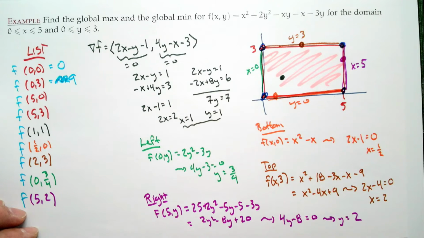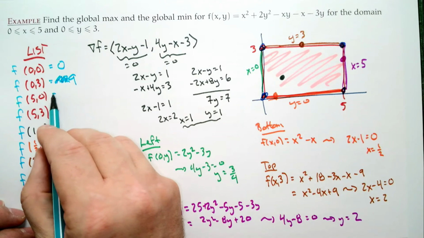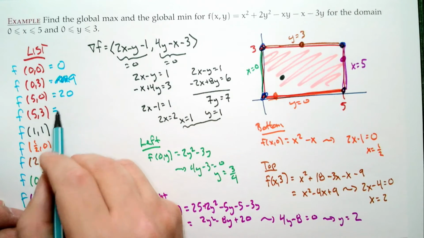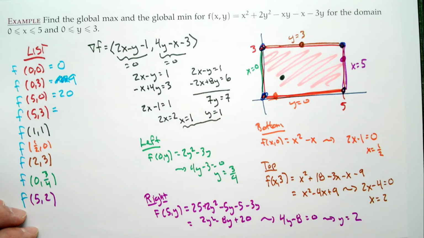Yeah, okay, no, it's definitely 9. It's definitely 9. No doubts. Of course it is. 5, comma 0? It's 20. 5, comma 3?